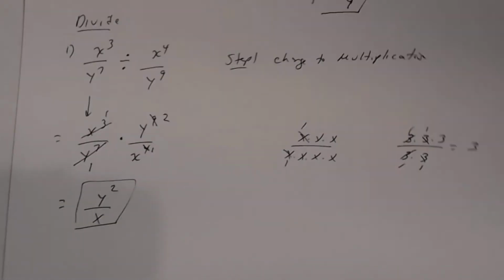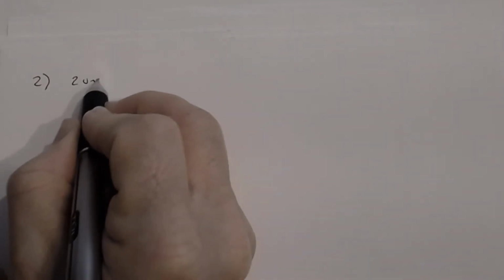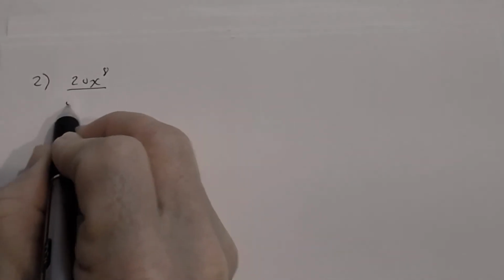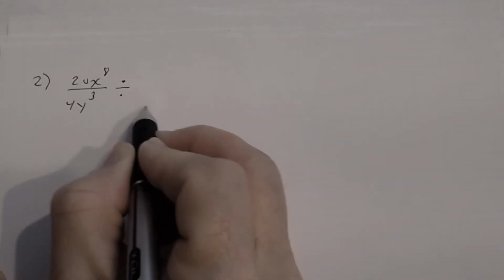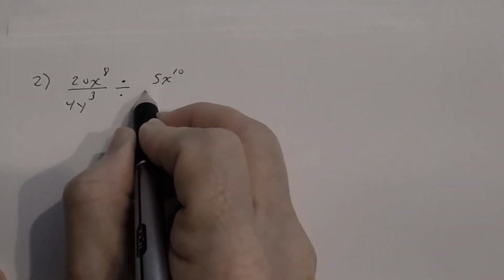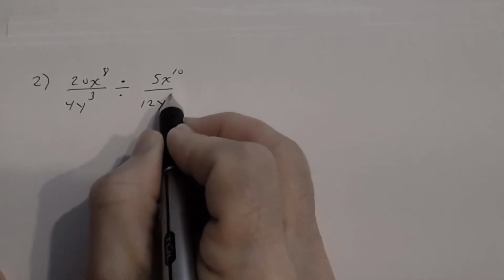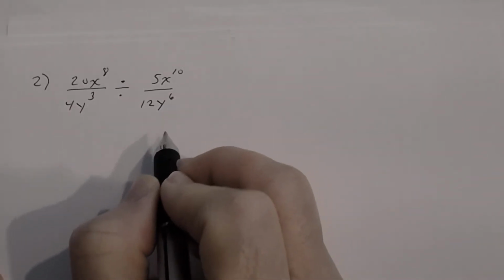Okay, number 2. Let's suppose I had this in number 2. I had 20x to the 8th divided by 4y cubed, and that rational expression is being divided by this rational expression, 5x to the 10th divided by 12y to the 6th. Okay? All right, so again, step 1.